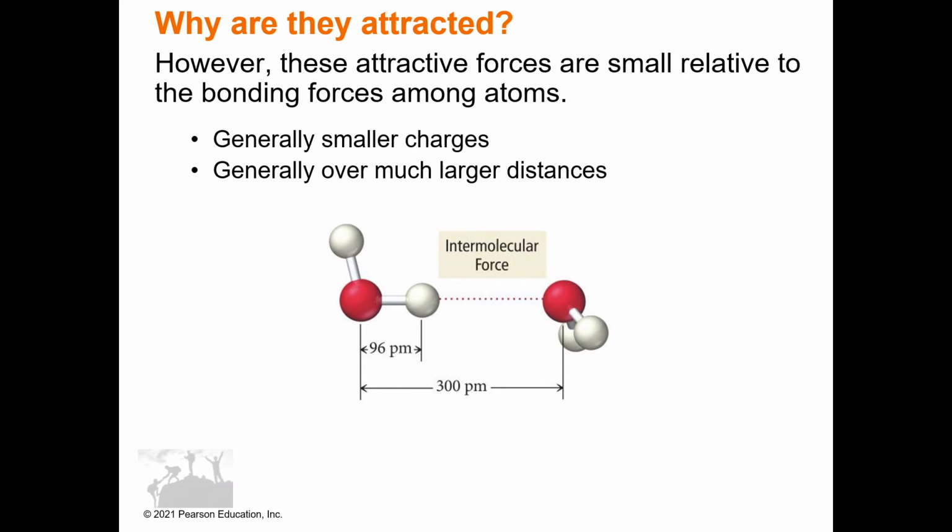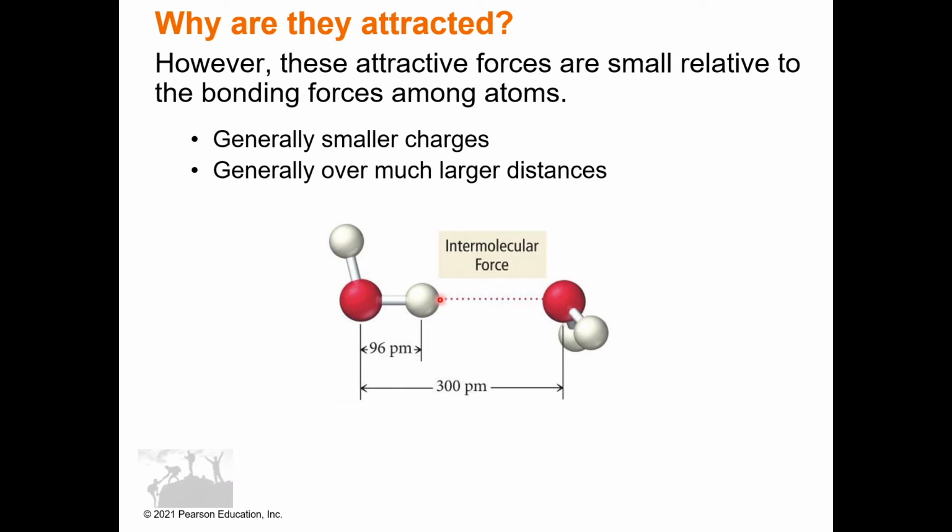So a lot of students get confused between intermolecular forces and intramolecular forces. When you see the prefix inter, you're going to think of two different molecules that are attracted to each other. So this dotted line represents some type of intermolecular force found between two different molecules.